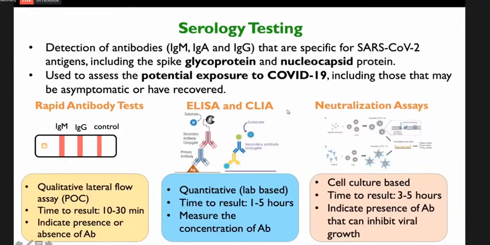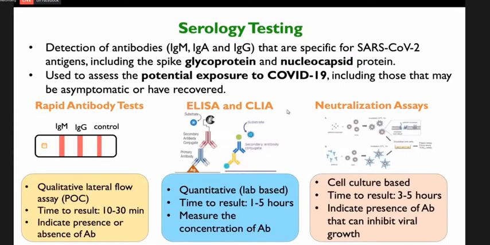The testing methodology varies from rapid diagnostic testing using the disposable immunochromatographic lateral flow assay to the ELISA and chemiluminescent assay, or it can be the neutralization assay that gives very valuable information about the presence or absence of antibodies that are actually able to inhibit the virus growth.